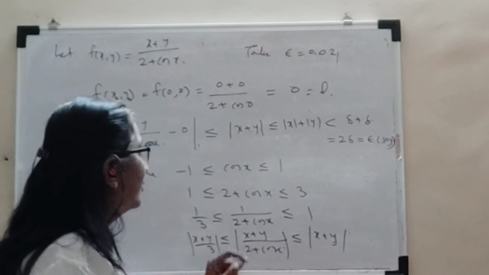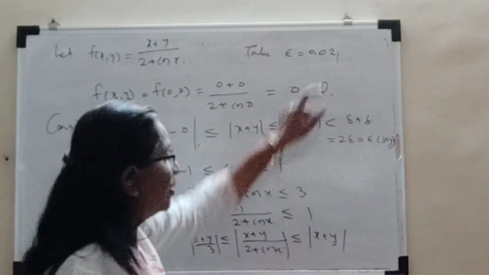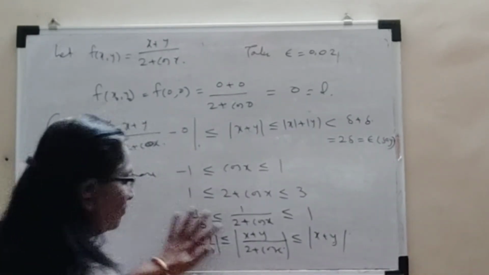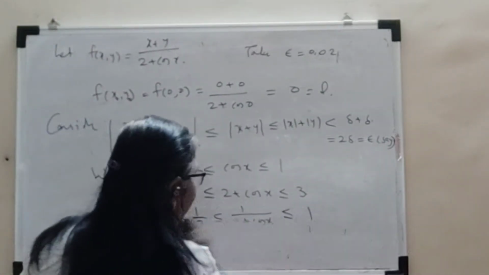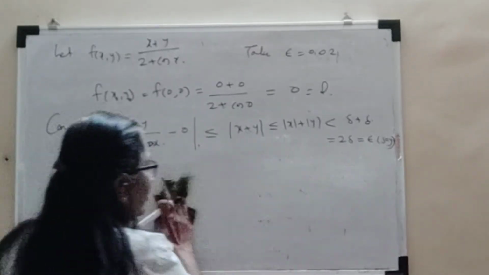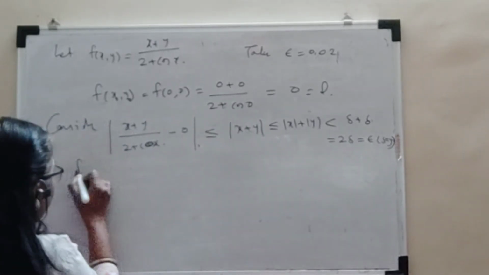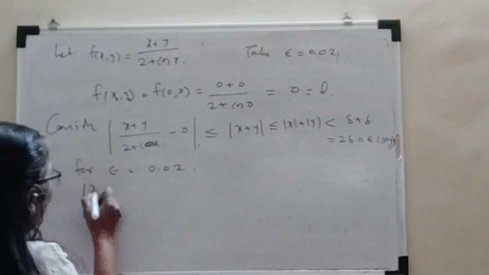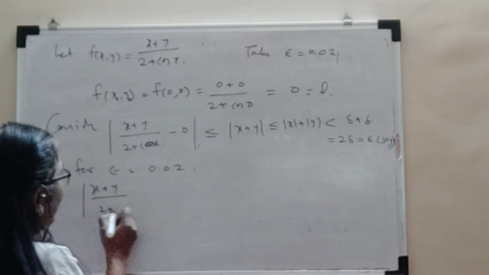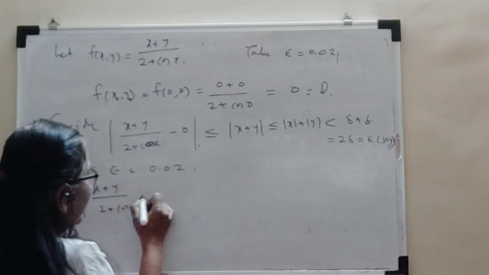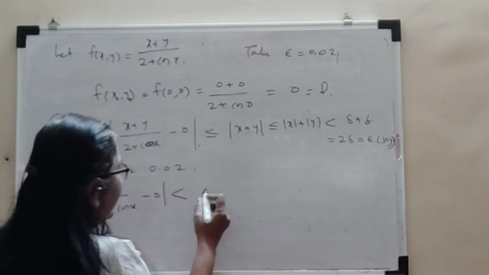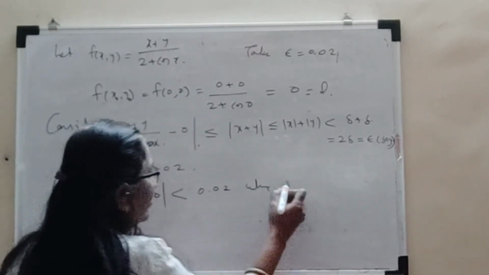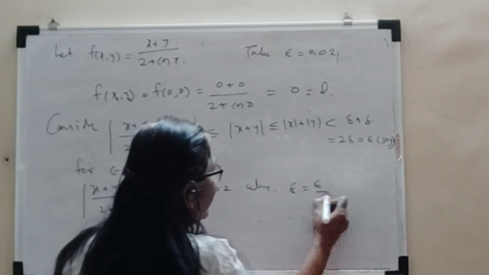Now if epsilon is equal to 0.02, what will be the delta value? I will drop this part. For epsilon equal to 0.02, we have mod of (x plus y) divided by 2 plus cos x minus 0 is less than 0.02, where delta is equal to epsilon by 2.